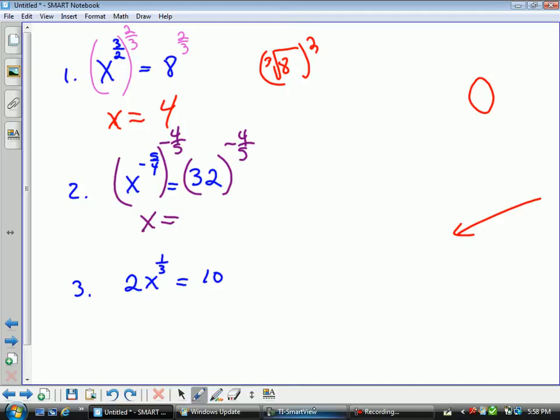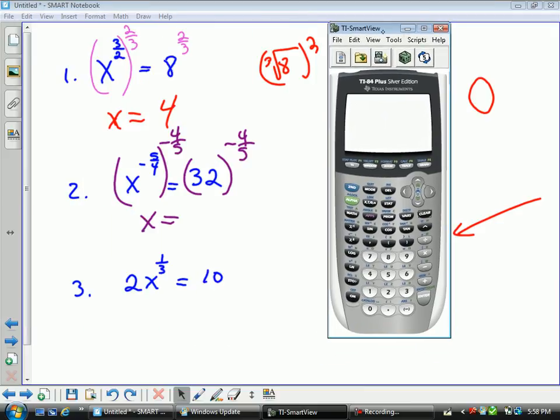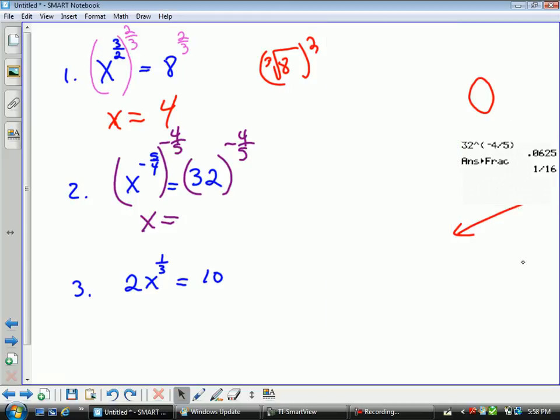But on the right side, if you're not sure what the value is, you could use your calculator to assist. Be sure you use parentheses. Okay, turn it into a math fraction, and we can see 1/16 is the answer.